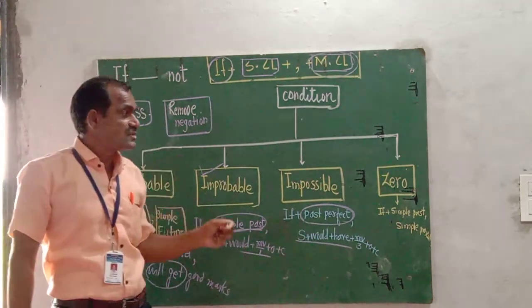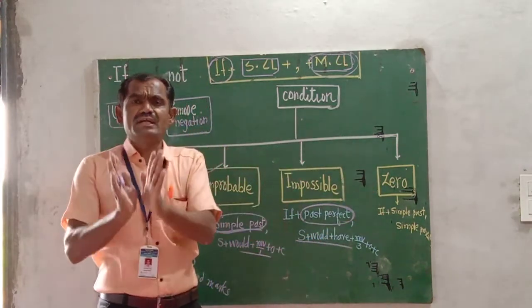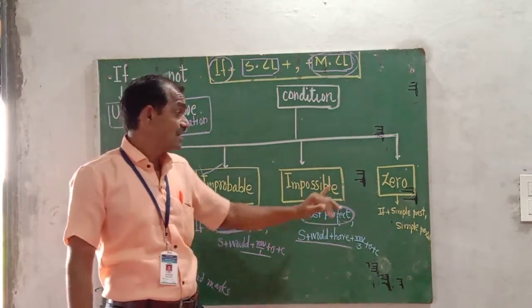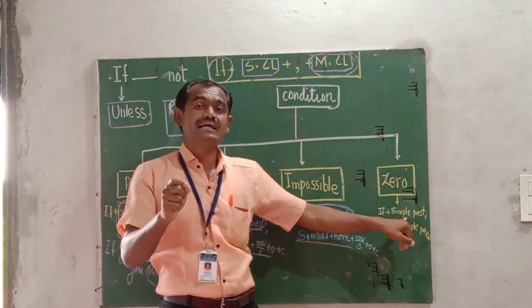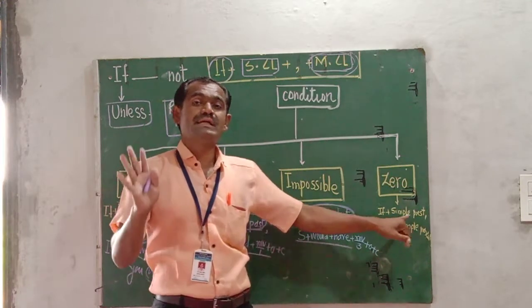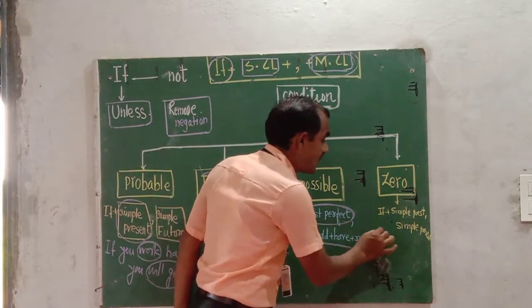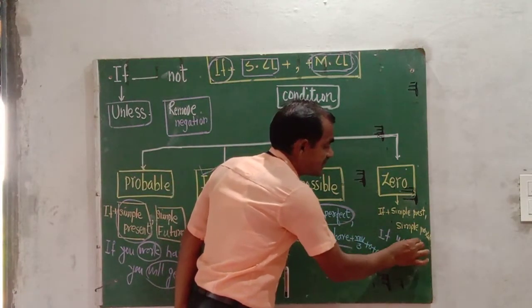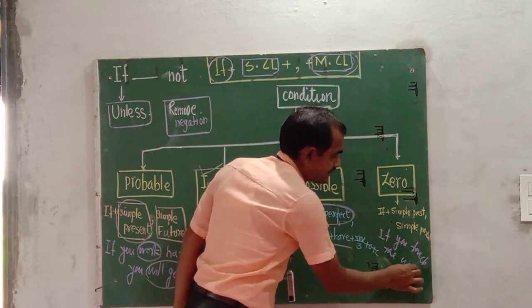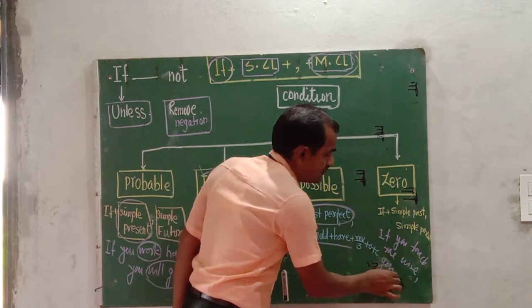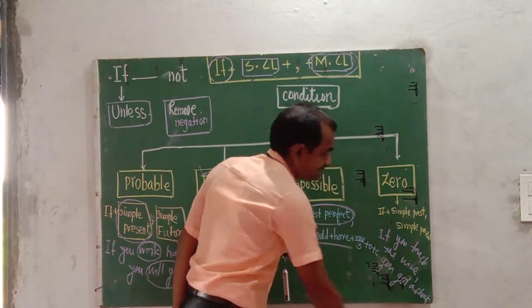The fourth and most important condition is called the zero condition. In the zero condition, this is a real condition, so both sentences have simple present tense only. Just like, if you touch the wire, that is the first sentence, you get a shock, that is the second sentence.